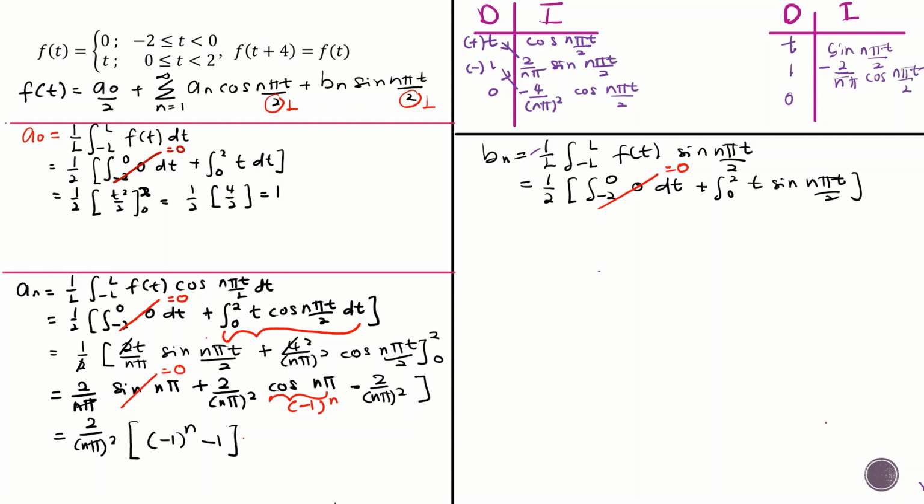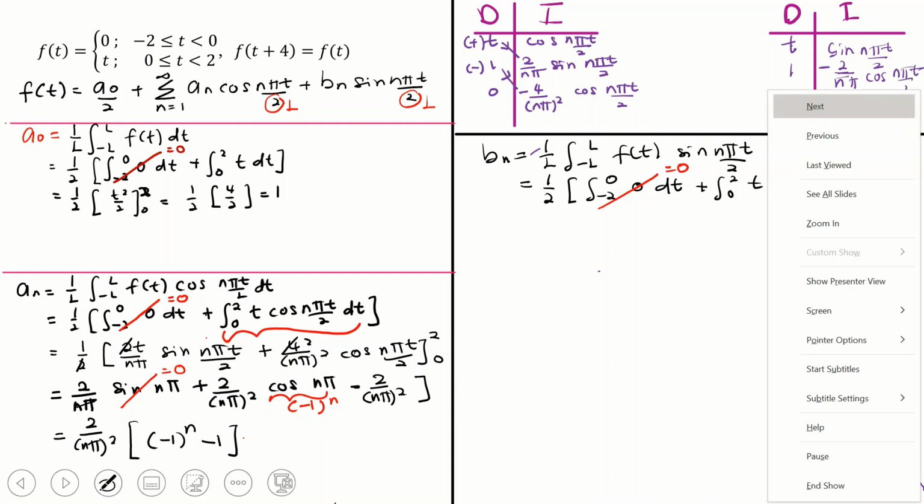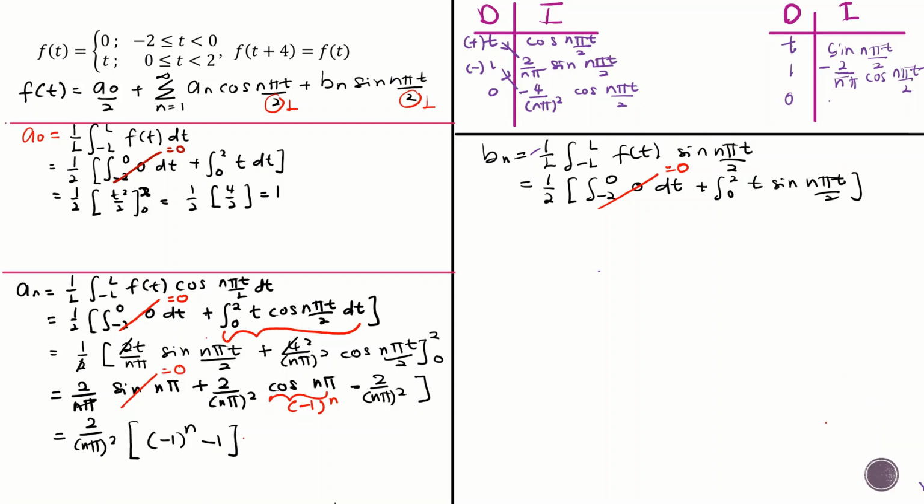And the second integration, you're going to get negative 4 over n pi squared sine n pi t over 2.